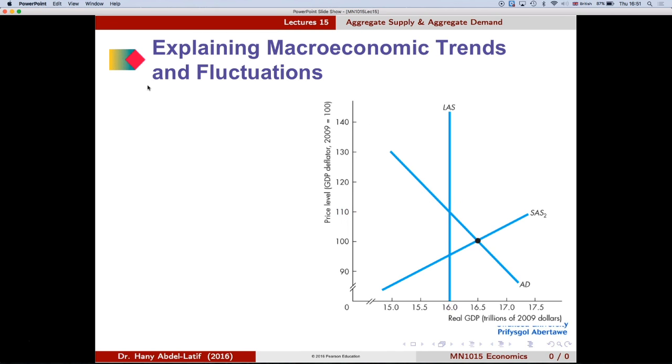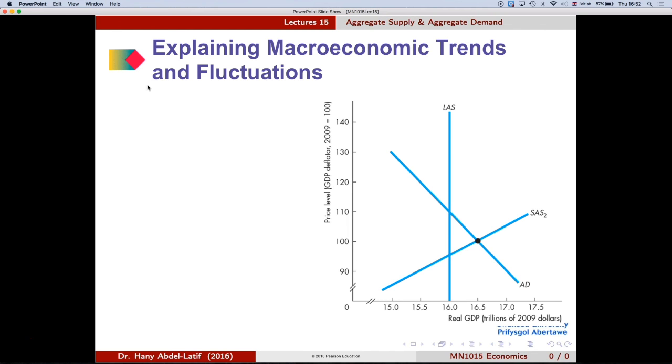In this case now, as I said before, the short run equilibrium can happen anywhere. Here we see the intersection between the short run aggregate supply and the aggregate demand curves happens above or beyond the potential GDP. So where is the long run equilibrium?